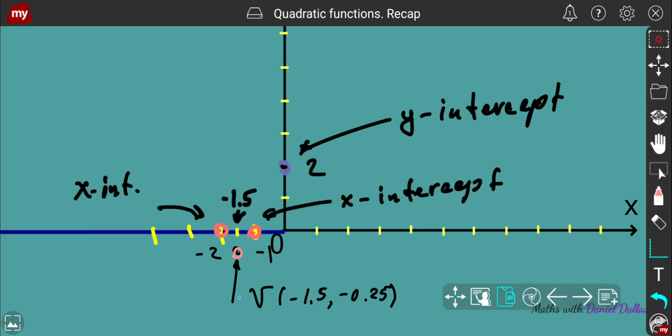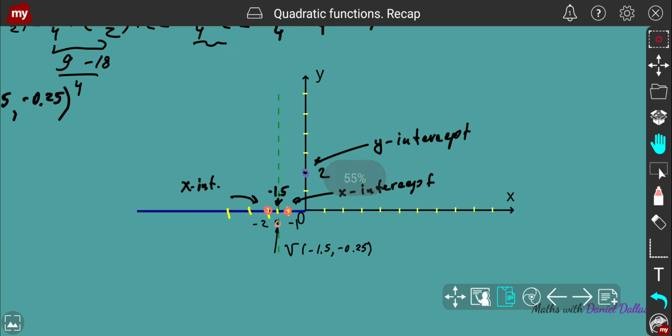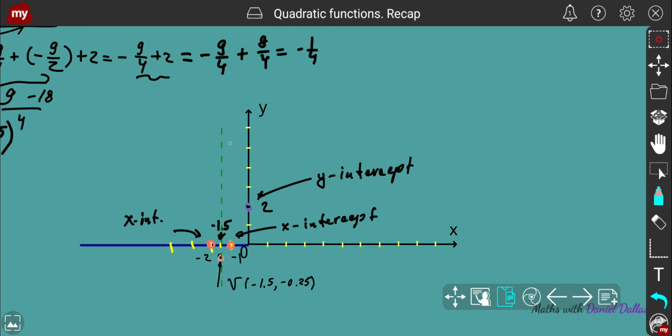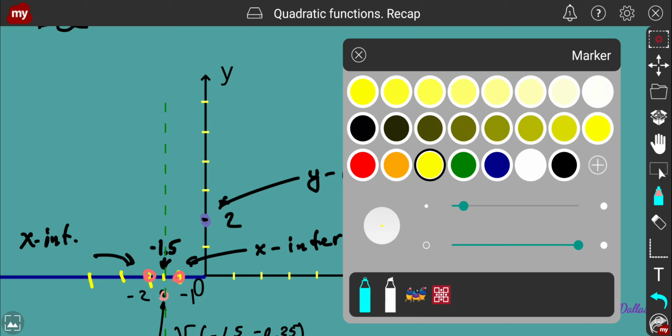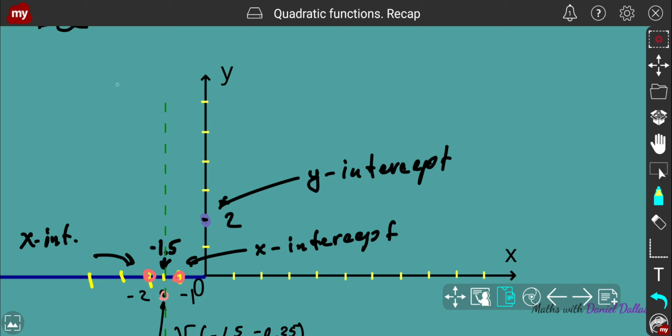So it means it should go like this. So this is actually the line of symmetry. And this is what you definitely need to know. So I just mark it as the line. So I'll write here: this is the line of symmetry.